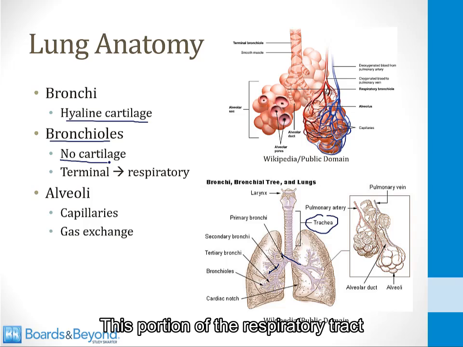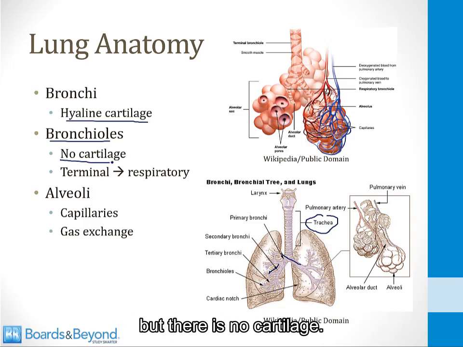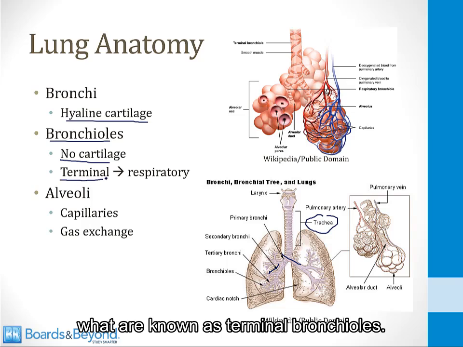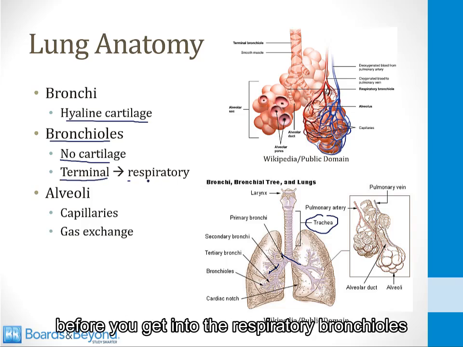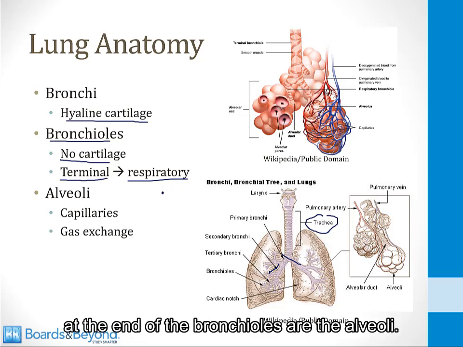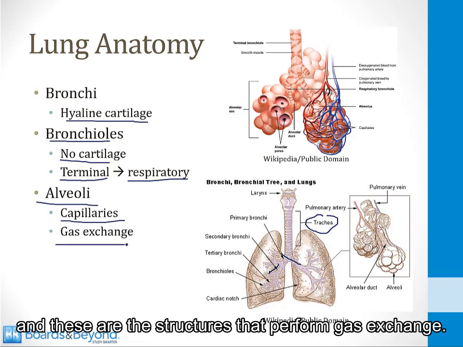This portion of the respiratory tract has an epithelial layer and some smooth muscle cells, but there is no cartilage. Bronchioles continue to branch until they form what are known as terminal bronchioles. These are the last bronchioles before you get into the respiratory bronchioles that lead to the alveoli. And then finally, as you may know, at the end of the bronchioles are the alveoli. These are the structures that have capillaries, and these are the structures that perform gas exchange.